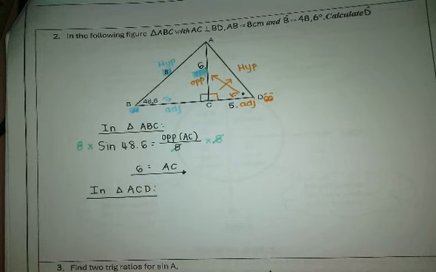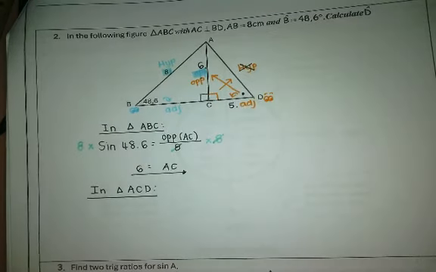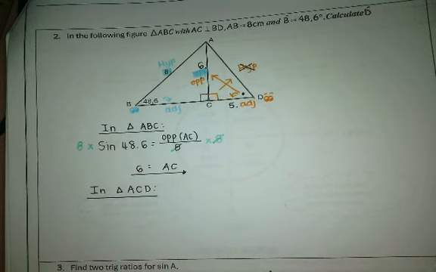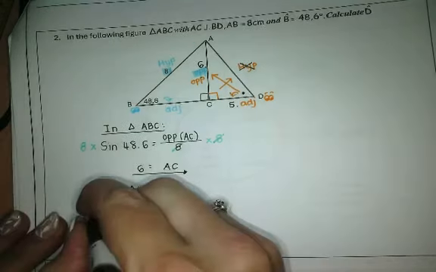The hypotenuse. Why? Because it's got no length and it's not what we want to calculate. So the hypotenuse we leave. We want to use a trig ratio that includes opposite and adjacent. Which one is that? It's not cos, it's tan.